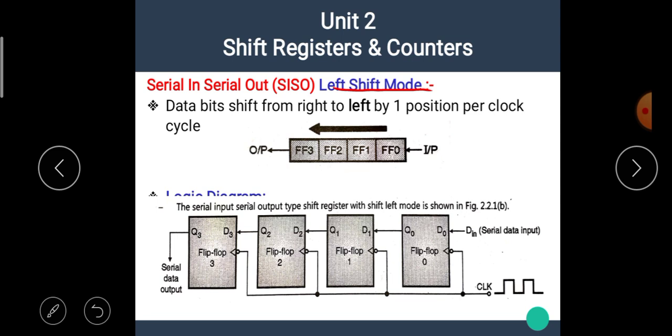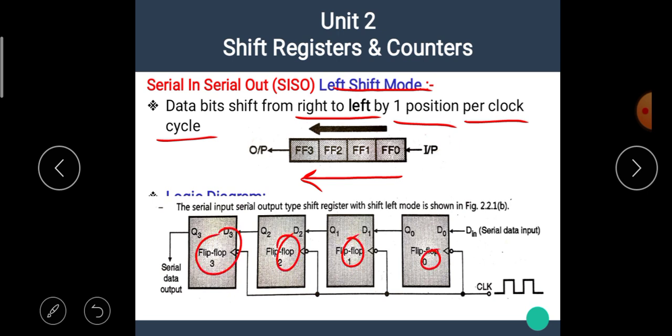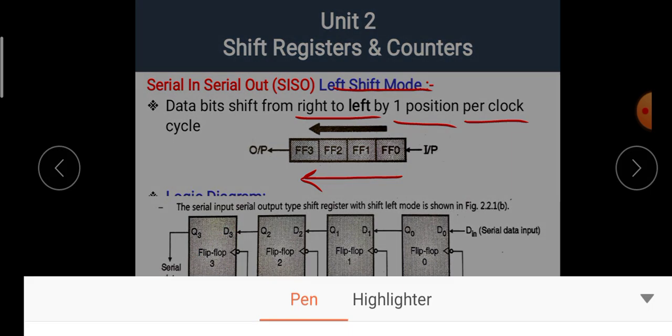In this mode the data bits shift from right to left, by one position per clock cycle. We have already seen that for this type of shift register we use D-type flip-flops.